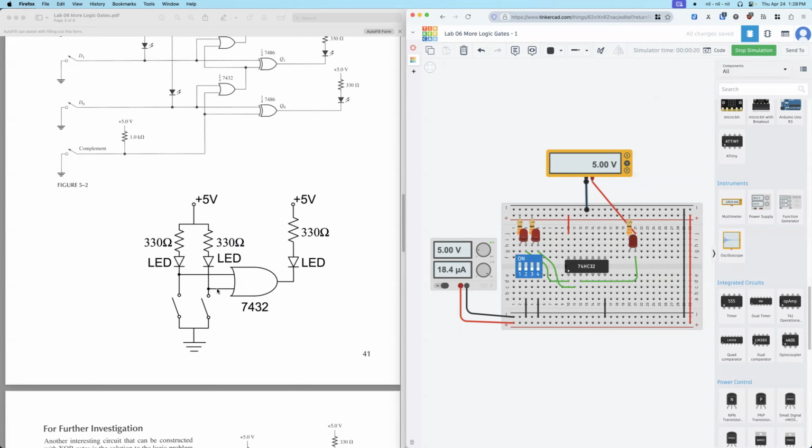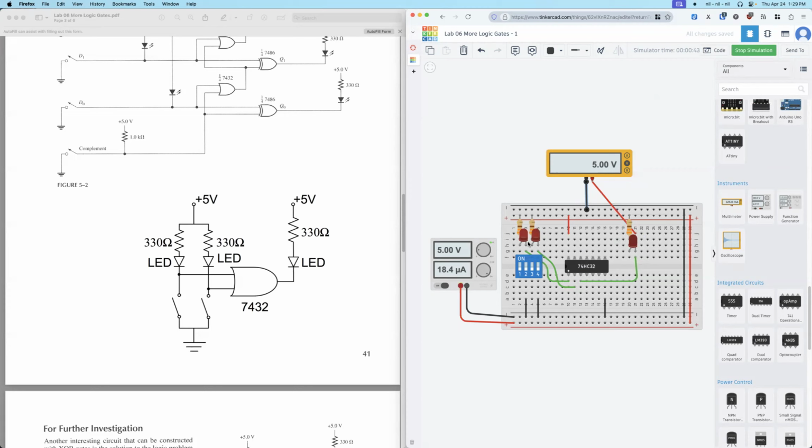So that's the high. So 1, 1. For the OR gate, 1 plus 1, output is 1. So this point actually is here. The output voltage is 5. So the voltage across the LED is 0, so the LED is off.